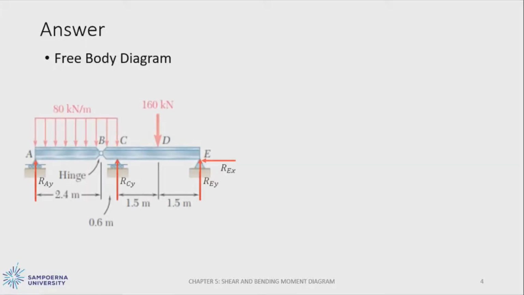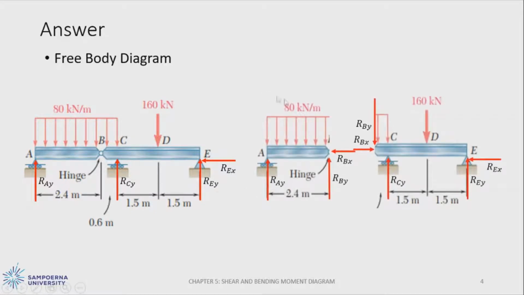The first step that we need to do is drawing the free body diagram. This is the free body diagram of the system. And because of hinge at point B here, we can separate them into two different beams. So we have two different sections of beam.